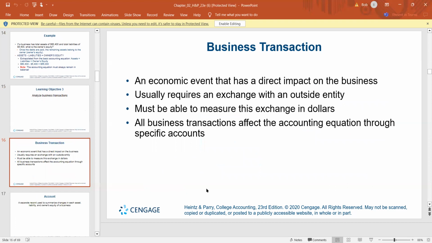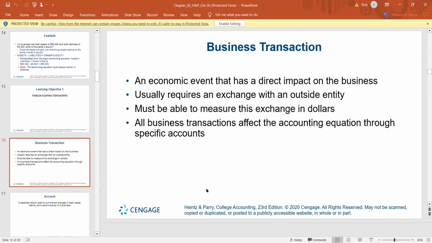Anyway, analyze business transactions, okay? What's a transaction? Anything that affects the business, anything that affects the numbers, let's say. We got the electric bill, that's a transaction. We have to process the payroll, that's a transaction. We received goods on our shipping dock, transaction. We're paying somebody, somebody's paying. Those were all business transactions.